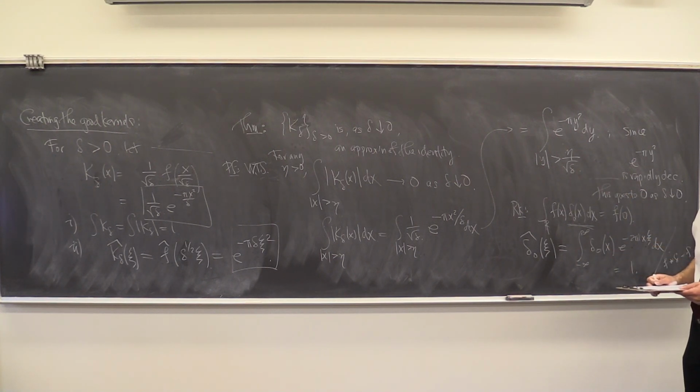Yes? I was going to ask, because I think I've seen before that sharp changes in the regular domain are supposed to correspond to smoothing or flattening in the Fourier world. Why is that? Like, if your function f is changing very rapidly, then its Fourier transform is smoother or flatter.